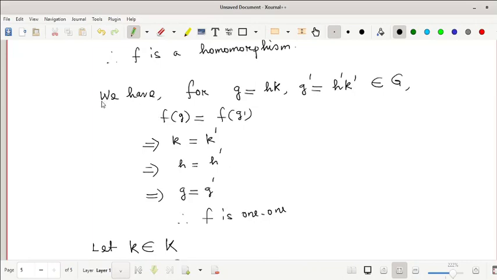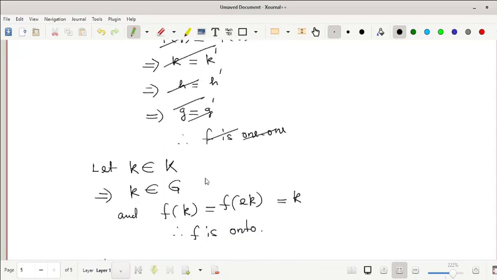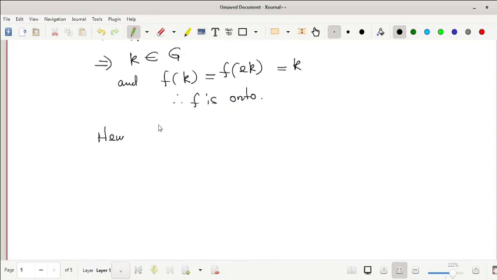I require it to be onto also. So sorry, this is a mistake. It should not be one-one, so this is not there. Hence f from G to K is an epimorphism.